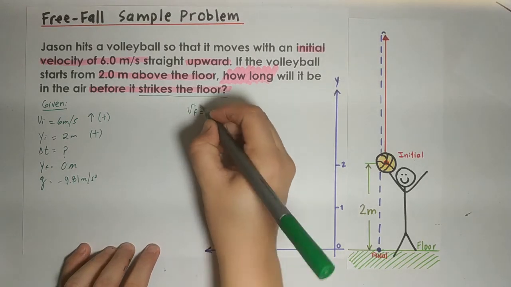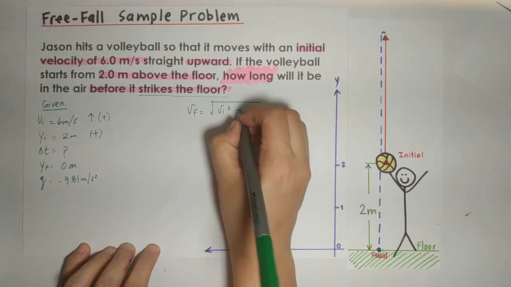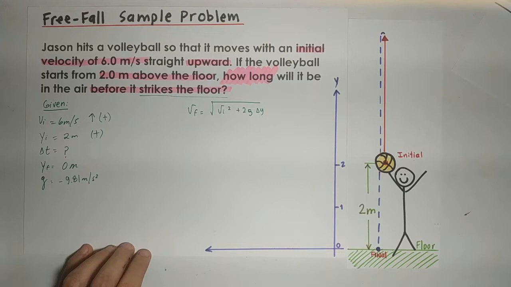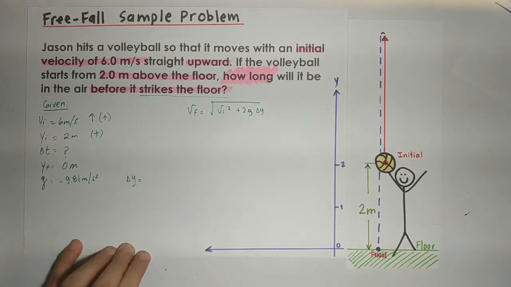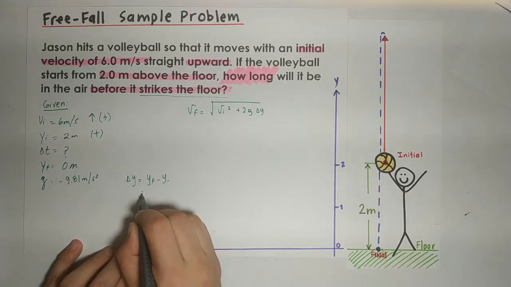Final velocity equals square root of initial velocity to the second power plus 2 gravity delta y. Now, delta y, what is it? Delta y represents a change in position like we learned in class. So this is y final minus y initial.